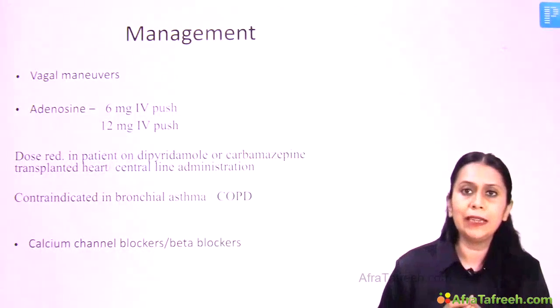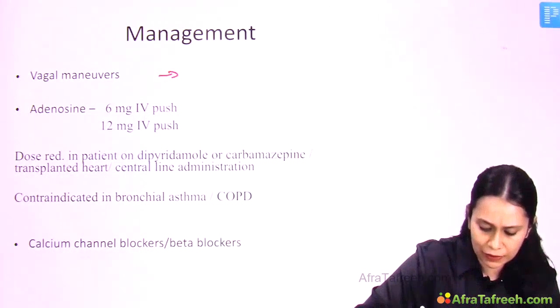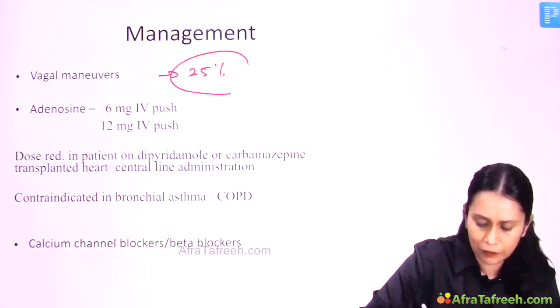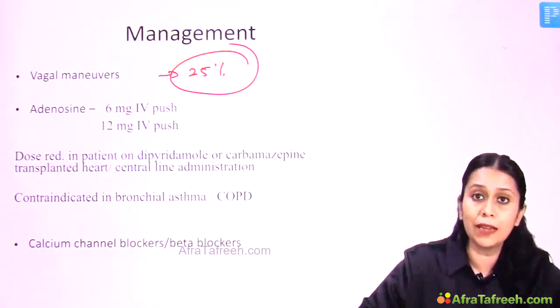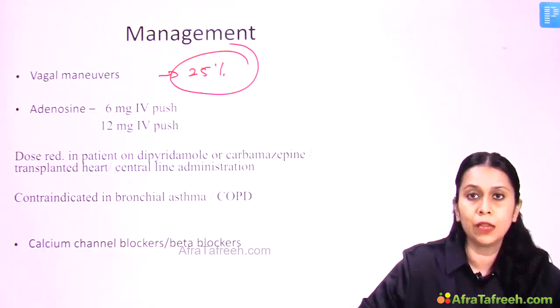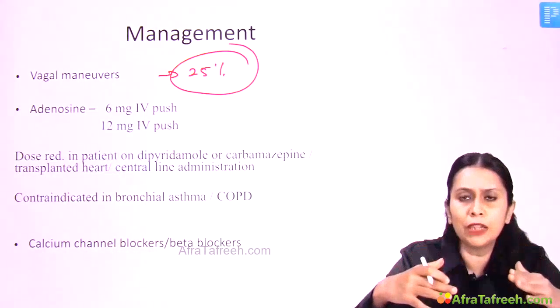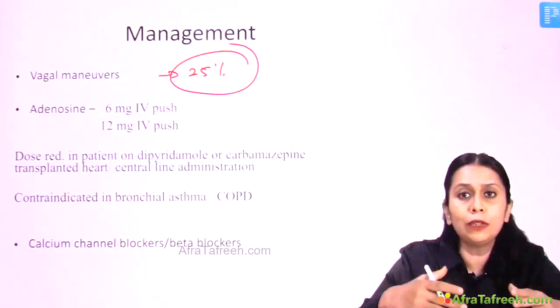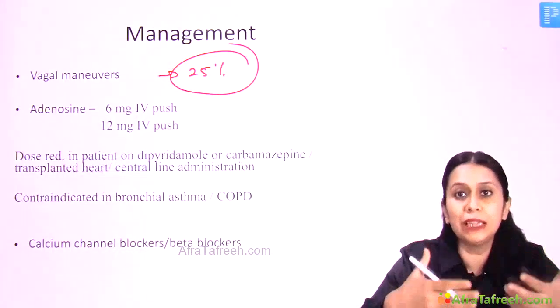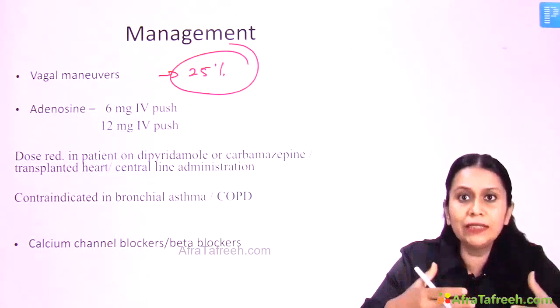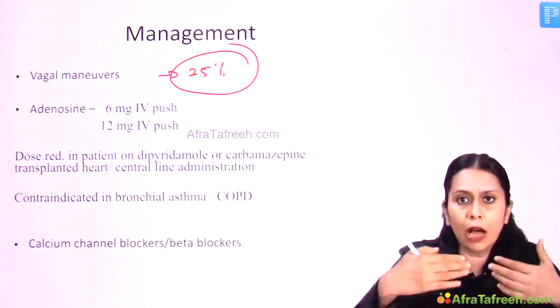Management: in let's say 25% of the cases, it can revert back to the normal sinus rhythm with a vagal maneuver. Now, what we do in a vagal maneuver, simply, we try to increase the parasympathetic tone, which would decrease the heart rate. So, how do we do a vagal maneuver?